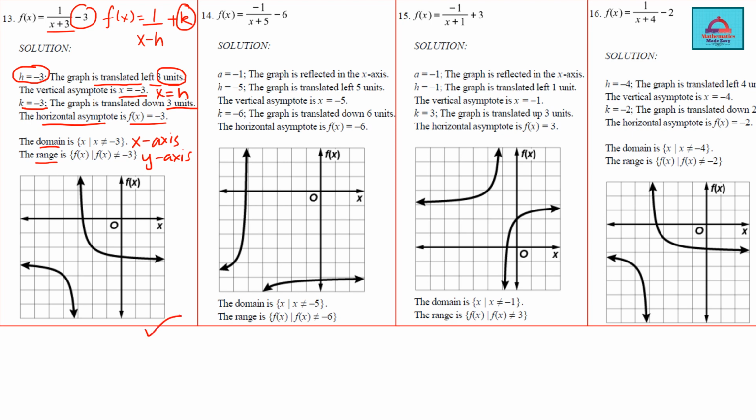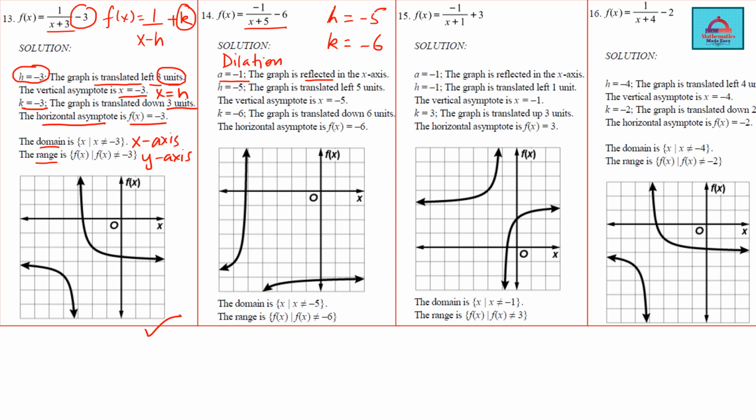Again, you compare f(x) = 1/(x - h) + k with this. Your h is going to be -5, your k is going to be -6, and now there is also a negative sign. That means the value of a, which helps with the dilation or reflection, is -1.